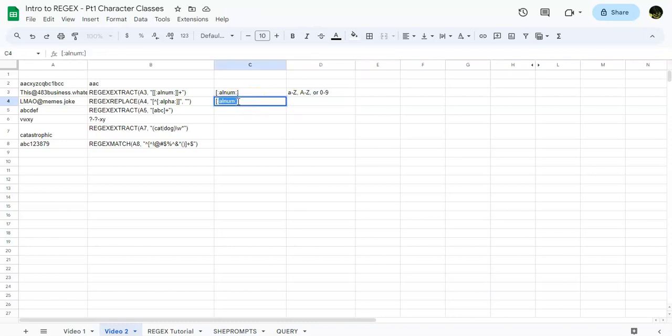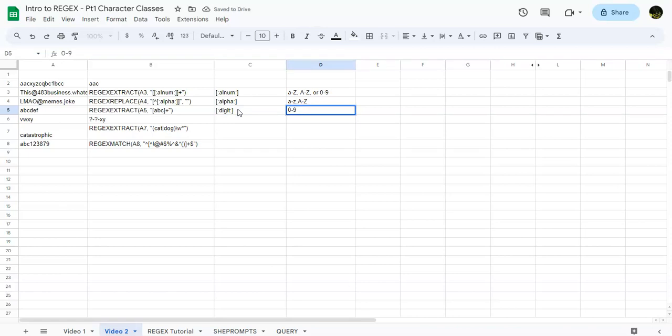Now when we take a look at alpha, this is actually A to Z, comma, capital A to capital Z. Strictly alphabet. And of course we have digit, and that's 0 to 9.